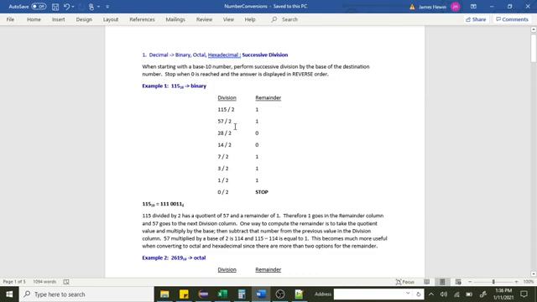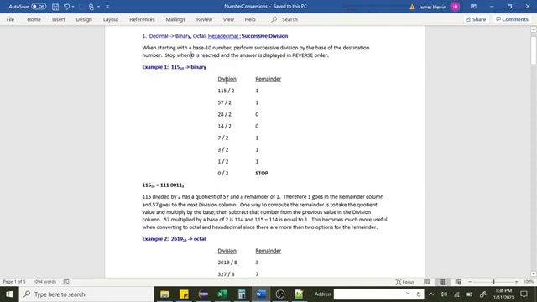So let's look at this example. 115 divided by 2 gives me 57 with a remainder of 1. Then 57 divided by 2 gives me 28 with a remainder of 1. 28 divided by 2 gives me 14 with a remainder of 0. Continuing down, 1 divided by 2 gives me 0 with a remainder of 1.